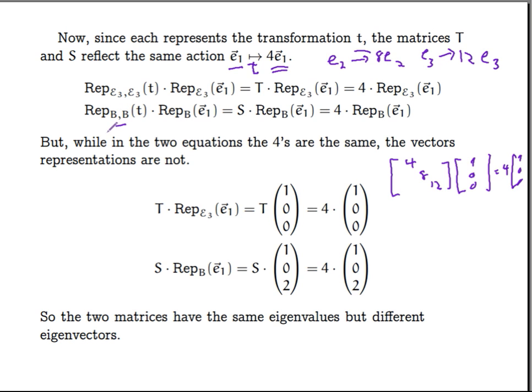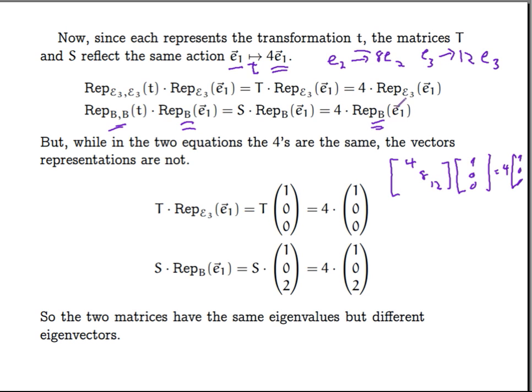So we should get 4 times E1, because as I said, here we're just representing the same transformation with respect to different bases. Now we know what the representation of T with respect to B is. That's the matrix S. And this we can compute, the representation of E1 with respect to B.